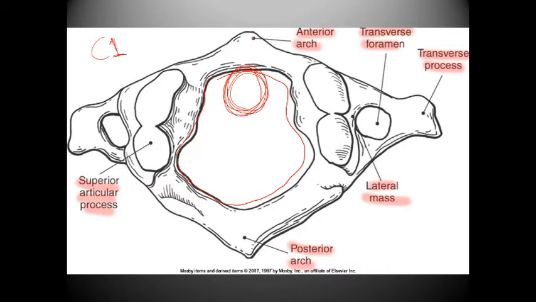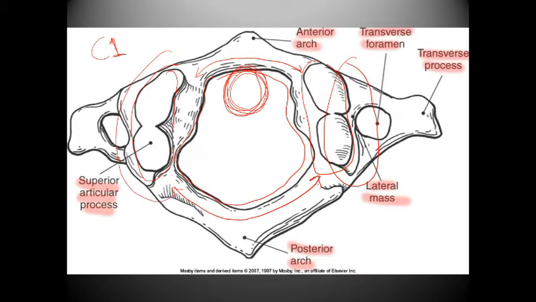We have the anterior arch, which would be this entire structure here. And then we have the posterior arch. Pretty simple up to this point. We have the superior articular processes, and this huge area here is the lateral masses.